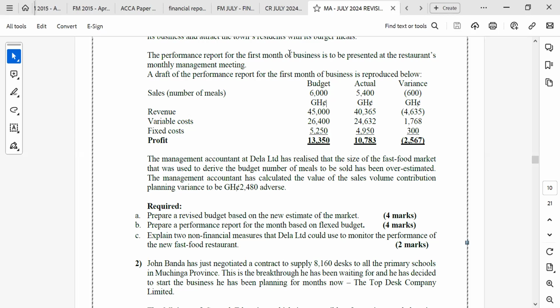Okay. Apart from using our flex budget and other issues, what are other factors that we cannot quantify in monetary terms that can be used to measure how well the restaurant is doing? Yes, Senior. Okay, so Senior, we can use customer satisfaction. Okay. Yeah, service delivery.